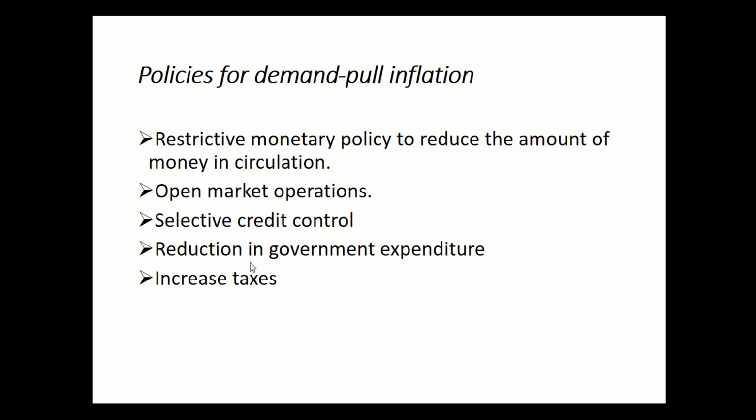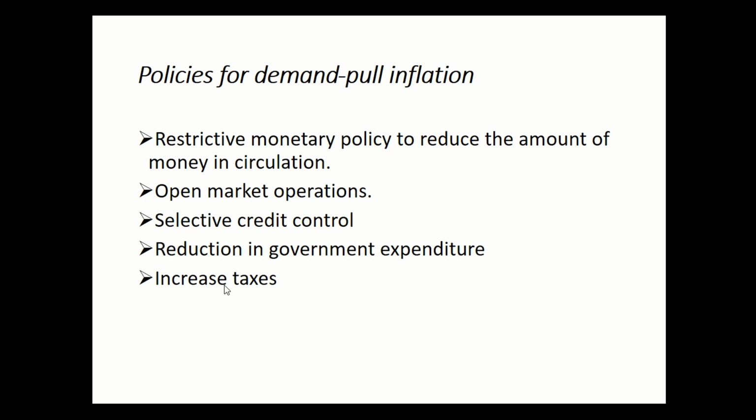The next one is reduction in government expenditure. Here, you have to consider the money the government could put in circulation to finance some projects. When there is a reduction in government expenditure, there is a reduction in money supply, or money in circulation, which controls inflation in general.